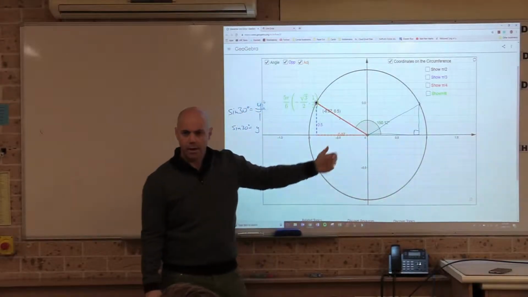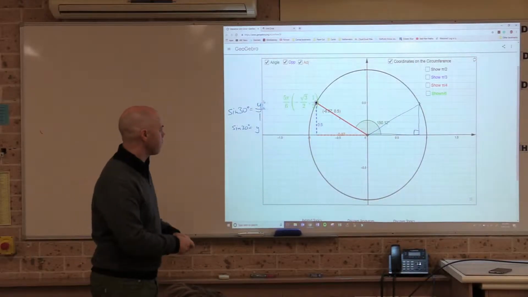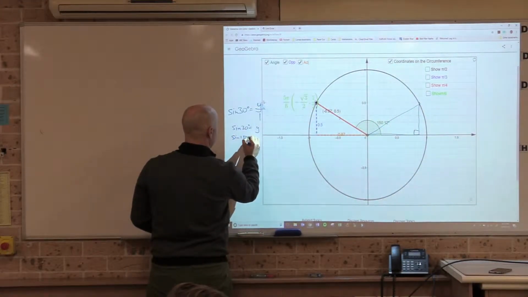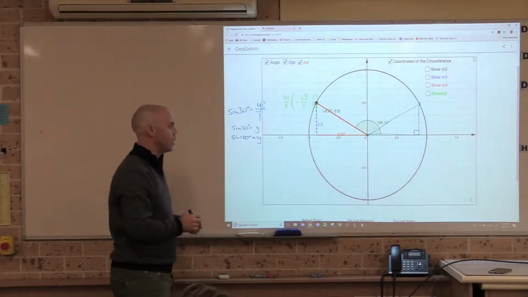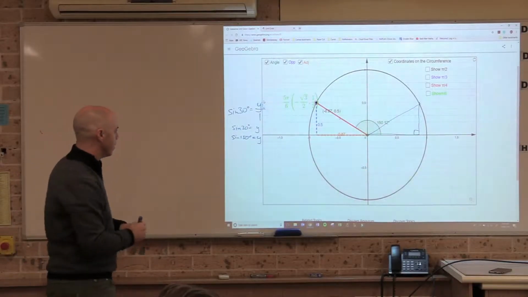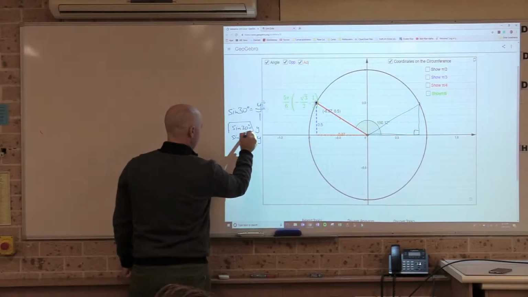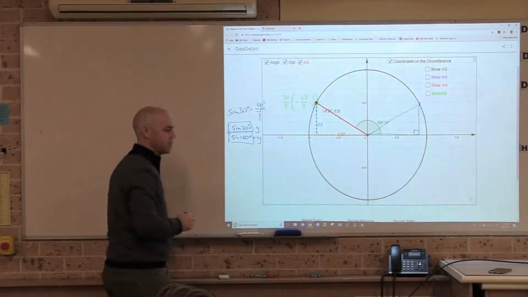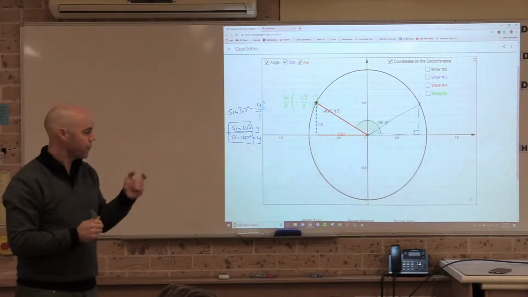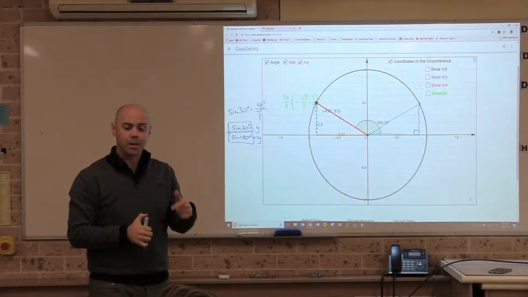What does it say? 150. So sine of 30 degrees is equal to that y value, but sine of 150 degrees is also equal to that y value. What does that mean? These two values here must be exactly the same. Sine of 30 and sine of 150 must be exactly the same.